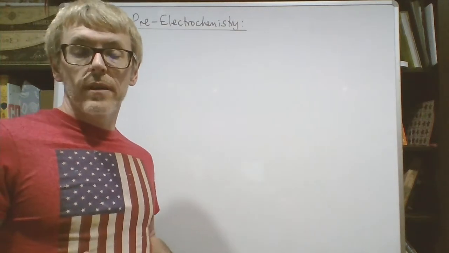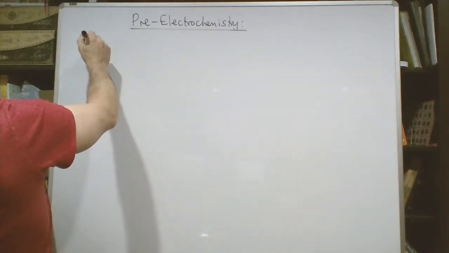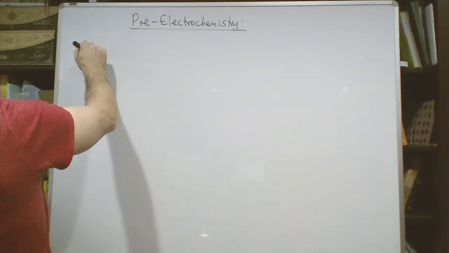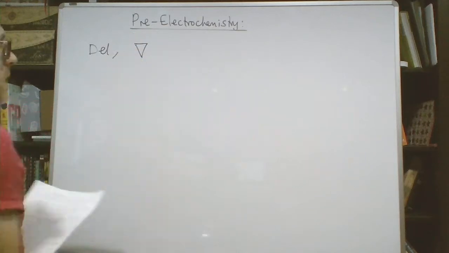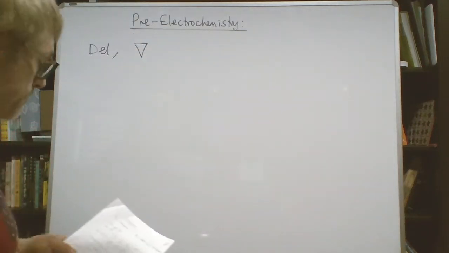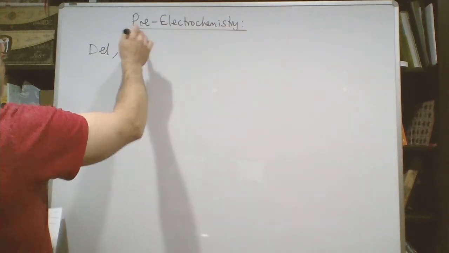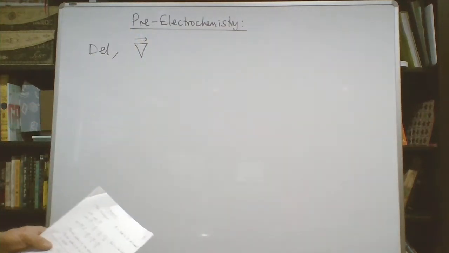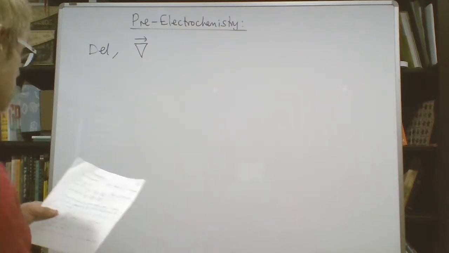So the first thing we need to do is introduce the symbol del. So say hello to del. Del is a triangle with the point at the bottom, and del is a vector, and it's also a derivative in the three Cartesian axes.